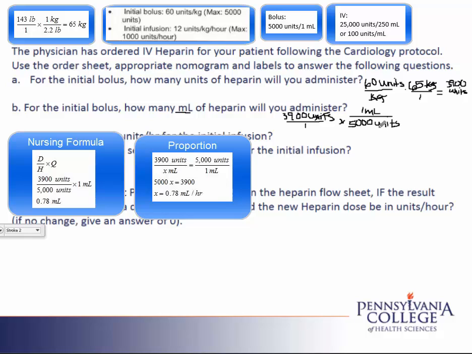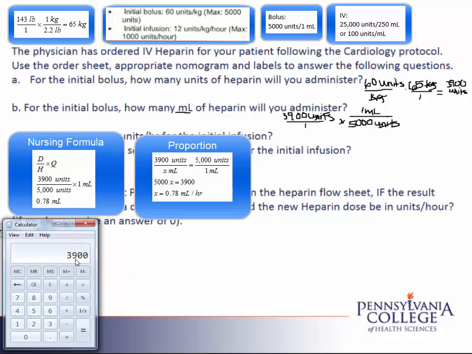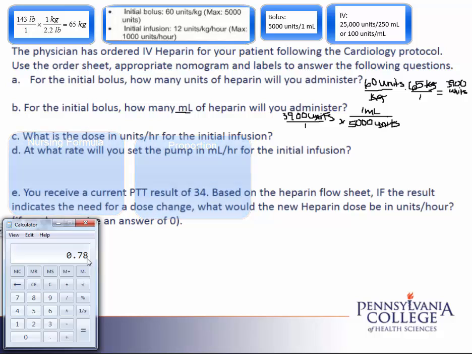My label of units cancels. I already have the 3,900 on my calculator. I'll divide this by 5,000. When I look at my answer, I normally would round it to the hundredths place because it's less than 1 milliliter. But in this case, I don't need to round at all.